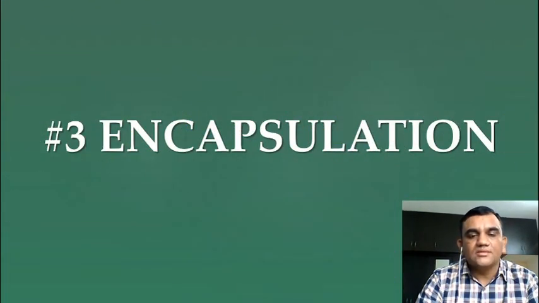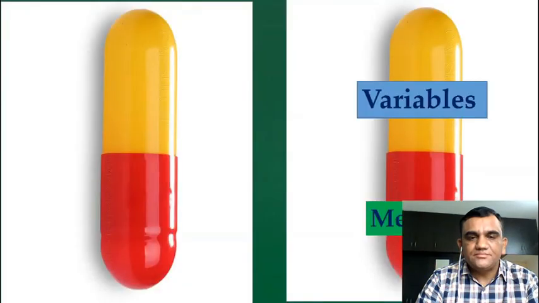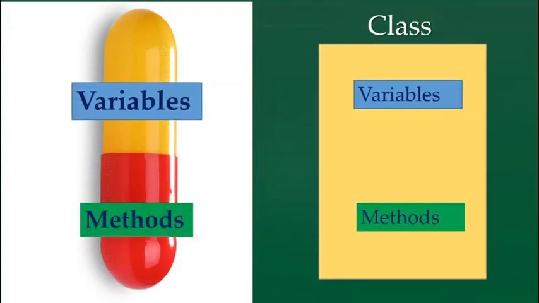Now the third concept, encapsulation. Here we have a capsule, and we know that the class contains variables and methods. So that's basically what encapsulation is. Let us understand it in more detail. Here again we have a class with variables and methods.